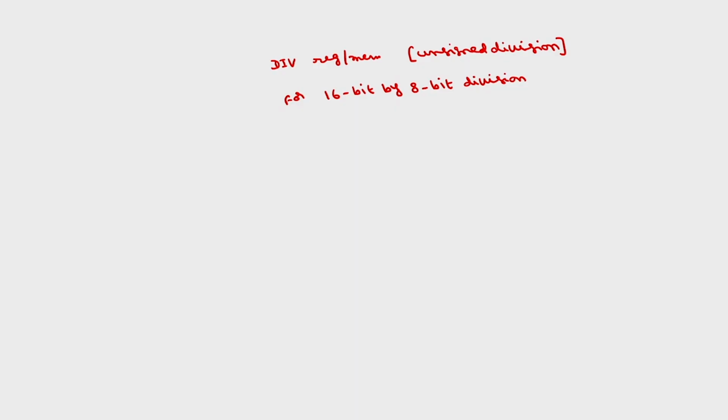The divisor will be an 8 bit register or memory byte. Then we will get quotient and remainder.